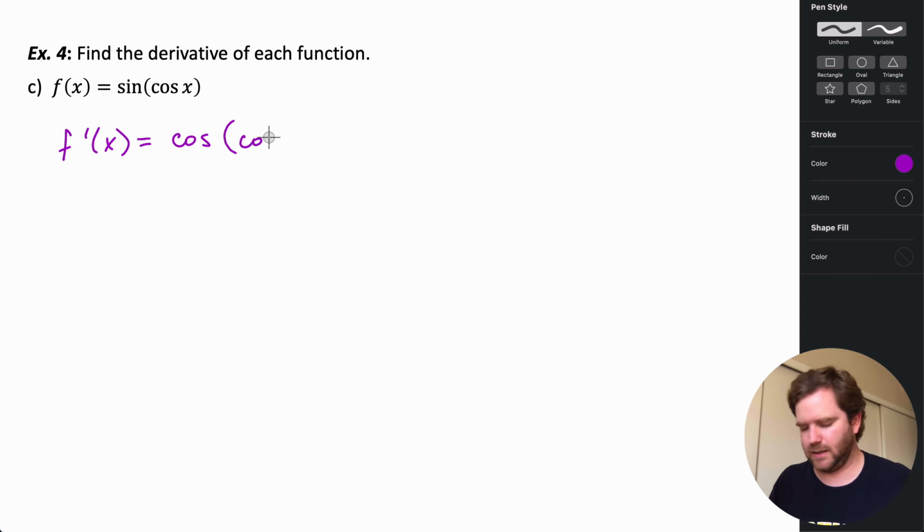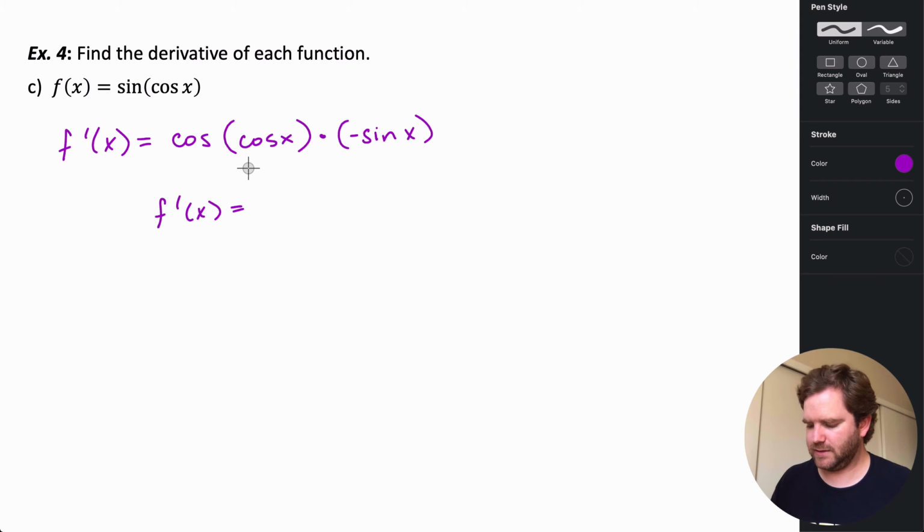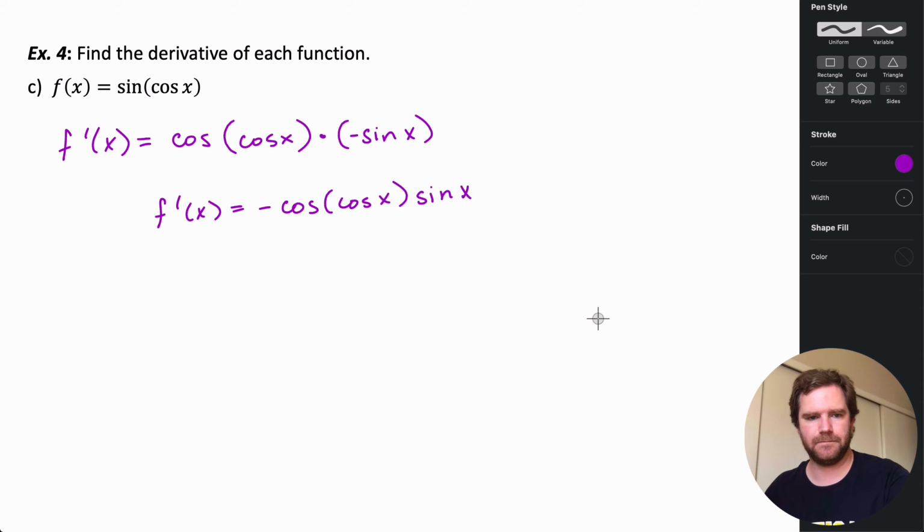So it's times cosine of the cosine, times the derivative of the inside. So the derivative of cosine is the opposite of sine. So we could say then that the derivative of this is going to be, I'm going to pull the negative out front, so it's negative cosine of cosine of x times sine of x. So that would be our derivative there.